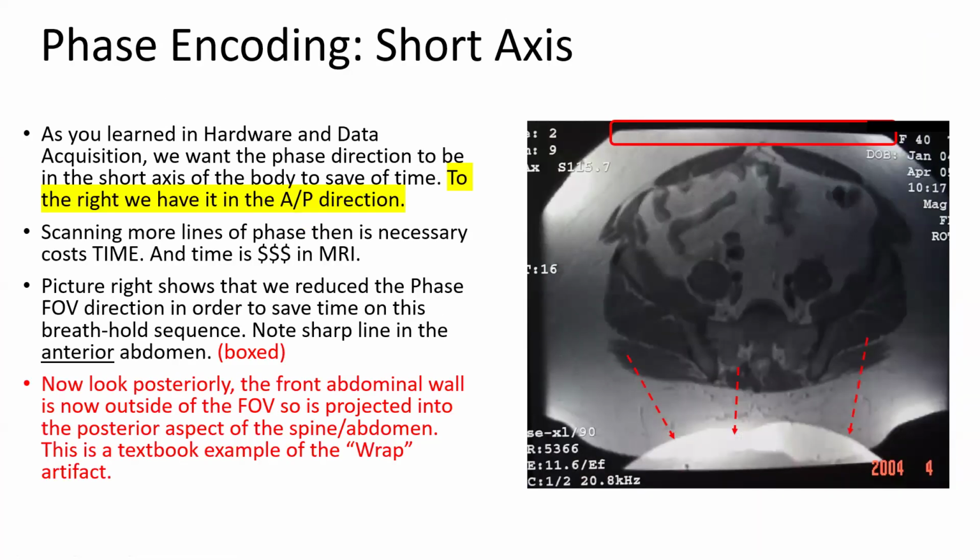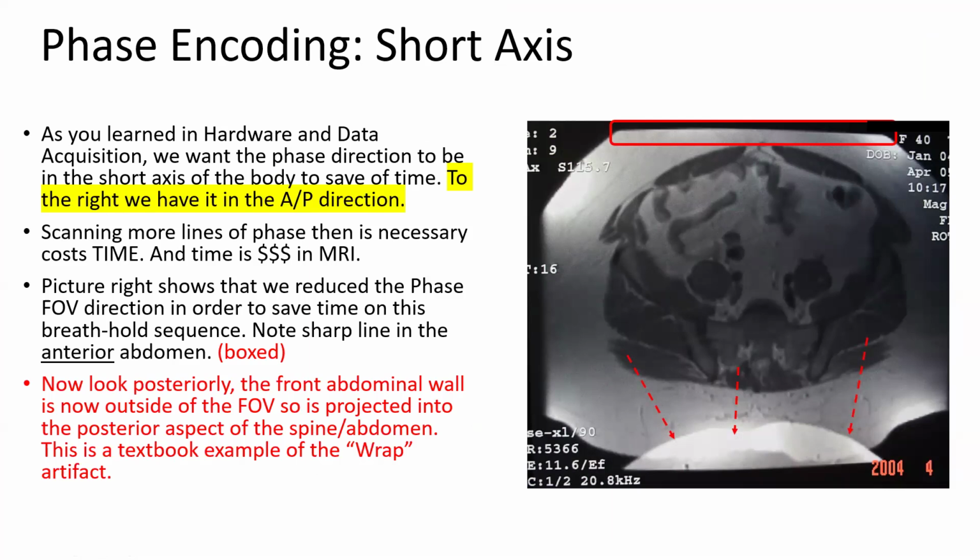Here is wrap, aka aliasing, aka fold over. Okay, so we've got anterior abdomen that's outside the field of view and not sampled enough, and it gets misplaced. It's called wrap. They can use any one of those three terms: wrap, aliasing, or fold over.